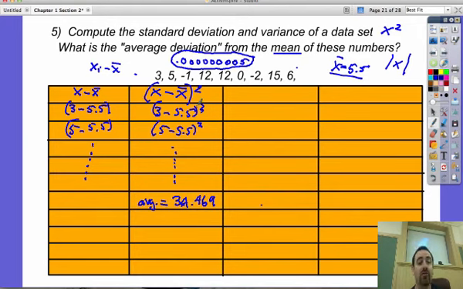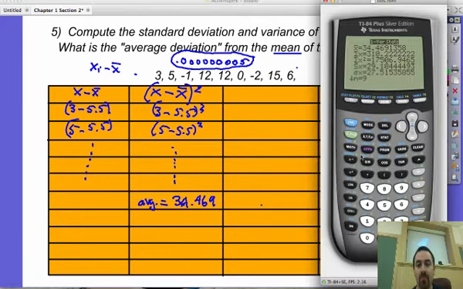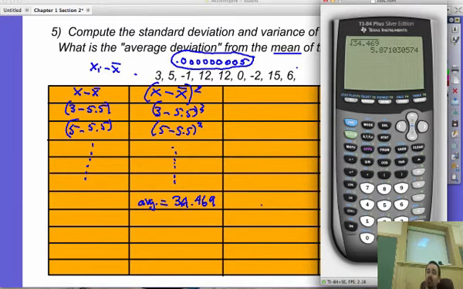So if I want to undo a square, I take a square root. Okay, so I'll come up here and I'll take the square root. So 34.469, the second square, 34.469, boom, 5.87. Now this is a pretty reasonable distance.